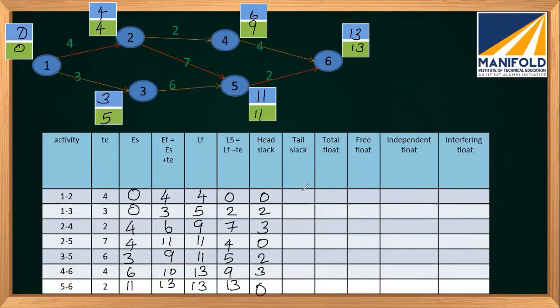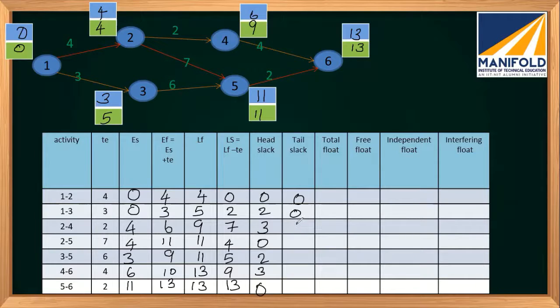Okay. Now tail slacks. Tail slack means when it is 1, 2, the tail event is 1. So the slack in the tail event will be 0 minus 0, 0. For 1, 3, it will be the same. 1 is the tail event. 2, 4, 2 is the tail event. So better you write it from the figure itself.